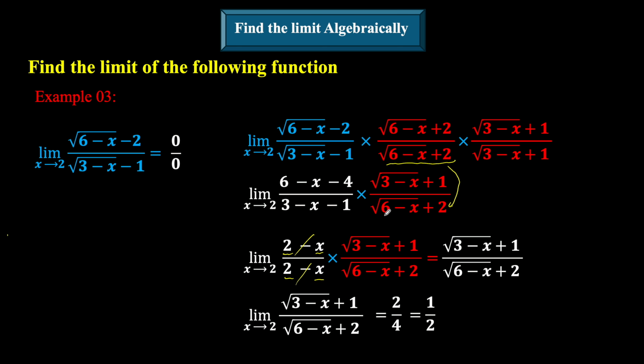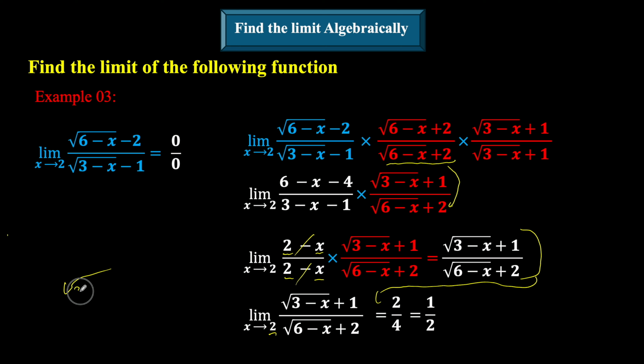So last step is we take the limit as x approaches the number 2 for the square root of 3, this one here. So we find the limit for this one, and we substitute x by the number 2.